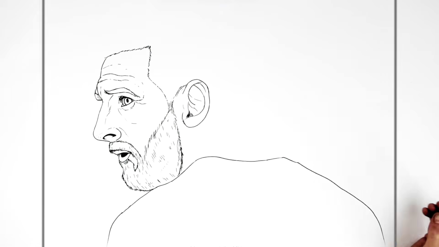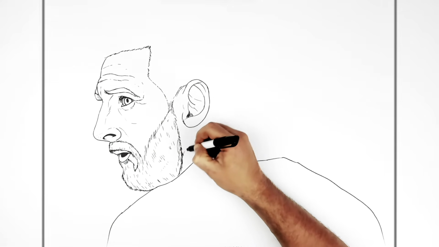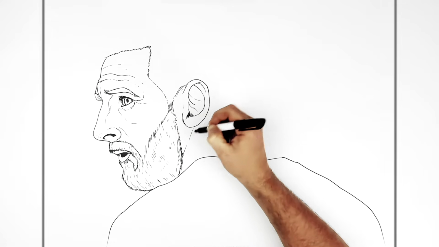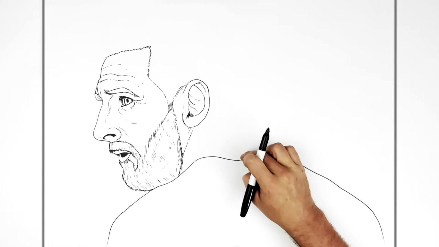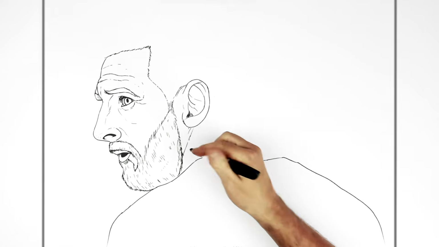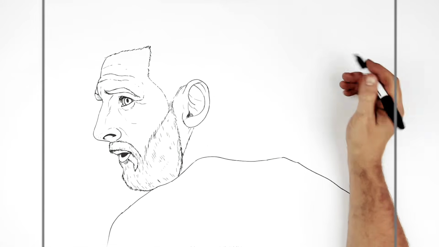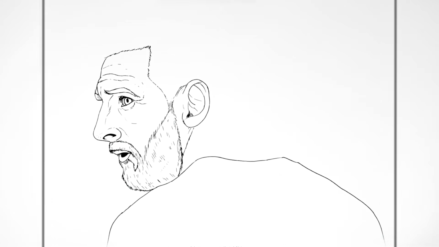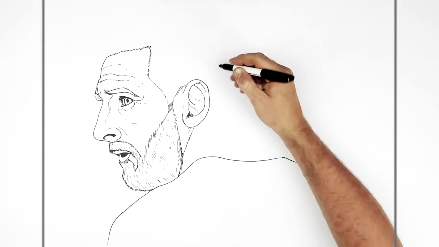Right, like so. And then we've got some of his jaw, the skin on his jaw. It'll go kind of up towards his ear here, because his head is turned and his neck is sort of being pulled. So you've got these skin lines for his neck on the side of his head. The back of his neck is just here behind the ear.